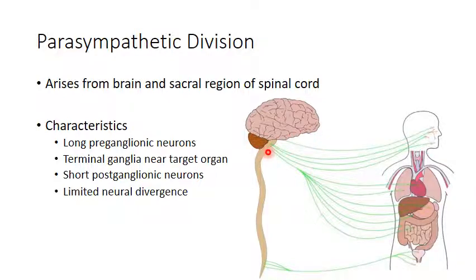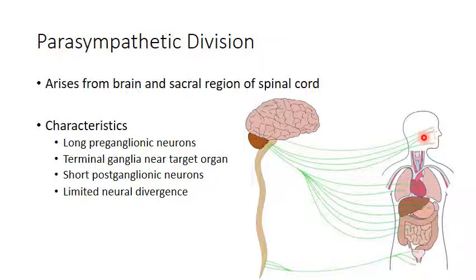If we follow any one of these green lines, which would be an axon coming from the parasympathetic division, we'll see that they go almost all the way to their target organ, enter a ganglia, and synapse there, and our postganglionic fiber, shown here in red, is much shorter. So it's the exact opposite of the sympathetic division.